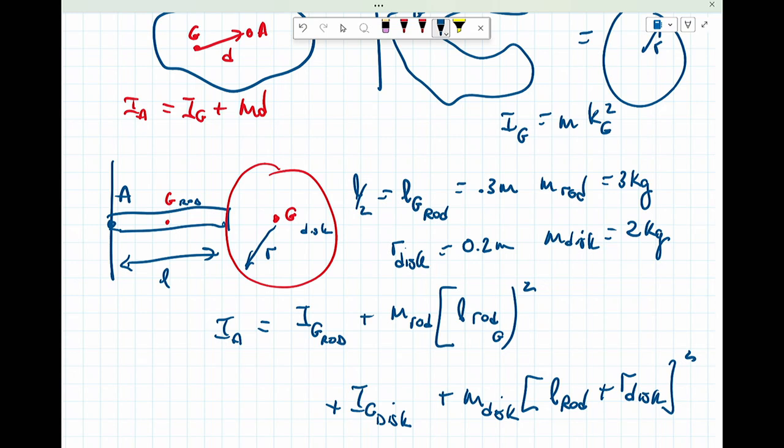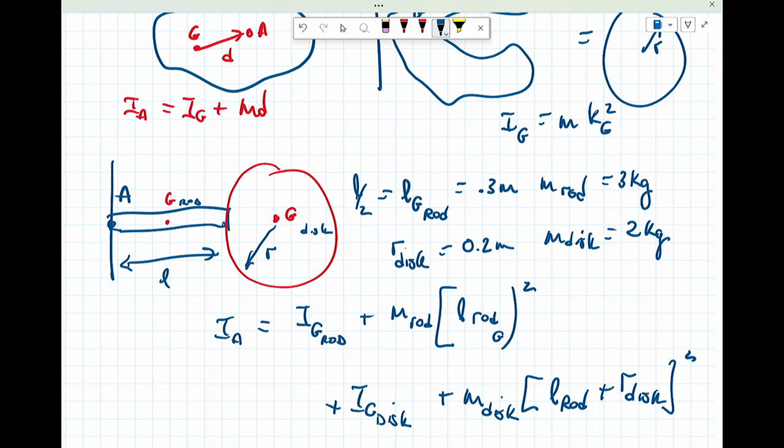So for this first term right here, length of the rod to G is L over 2, and it goes from here to here. The second term over here is length of the rod, which is L, plus radius of the disk to get to the center of mass. And you define everything with respect to the centers of mass. Now again, I mentioned at the very beginning that you can have variable densities.